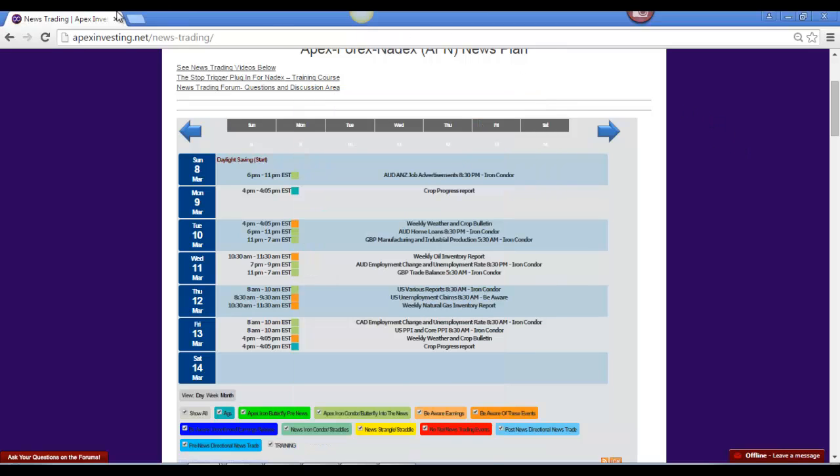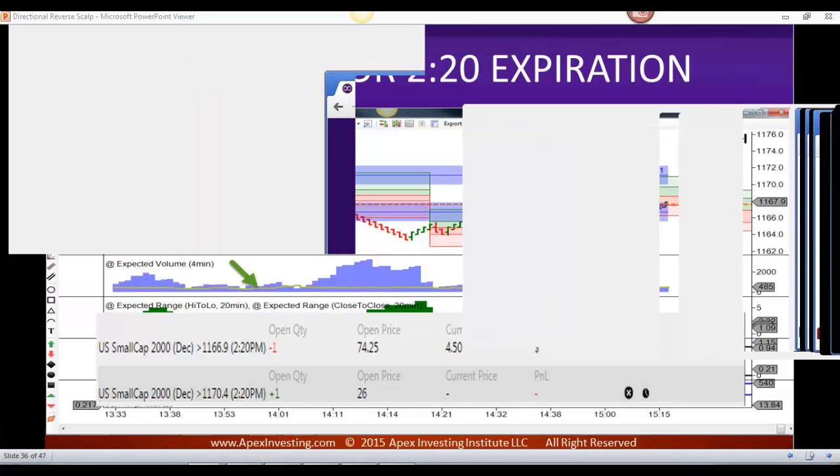When we do an iron condor, it's kind of like a butterfly, but with Nadex spreads, where we're expecting it to move a little but not a lot. So we're going to collect premium on it. On that same news plan page I just showed you, you can go down and there are 3 different videos explaining iron condors. But yes, that's a great question.